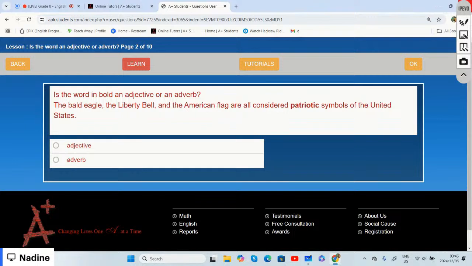Patriotic. And if we were to choose the correct option, then we can say patriotic is an adjective.